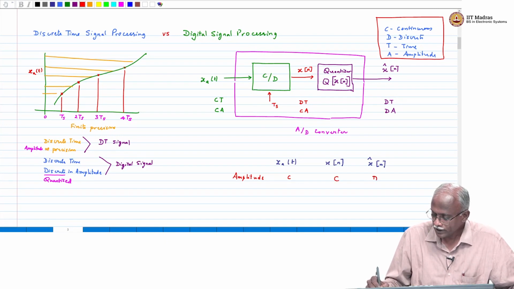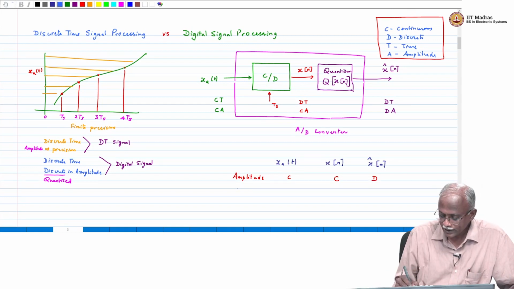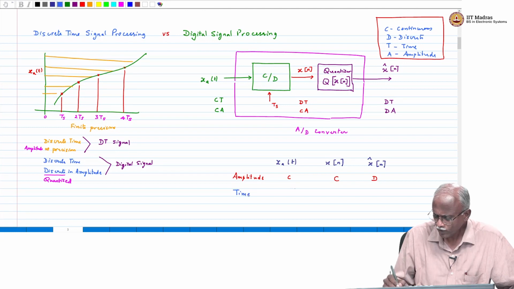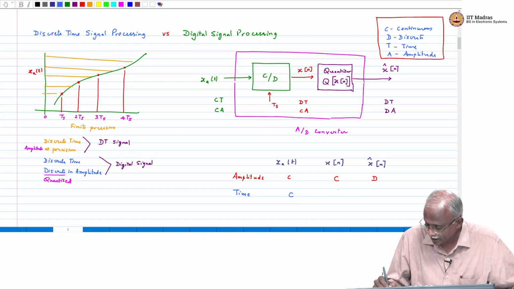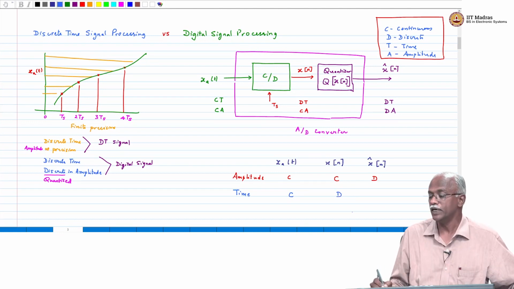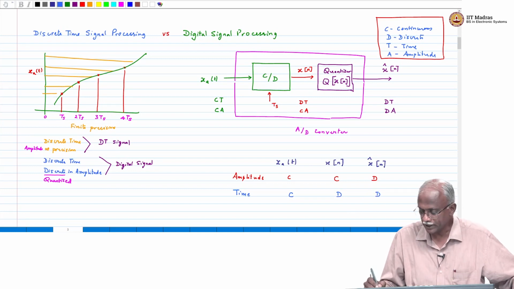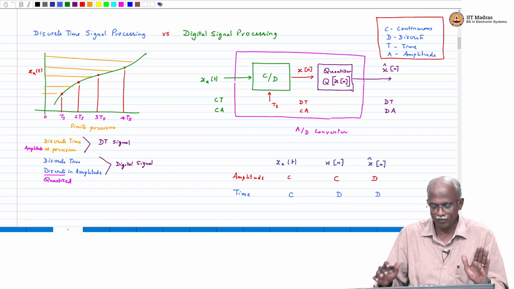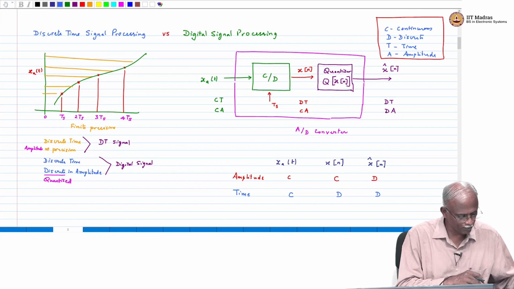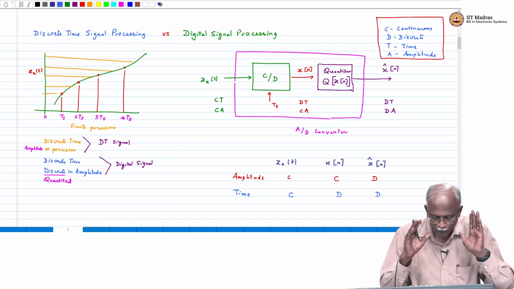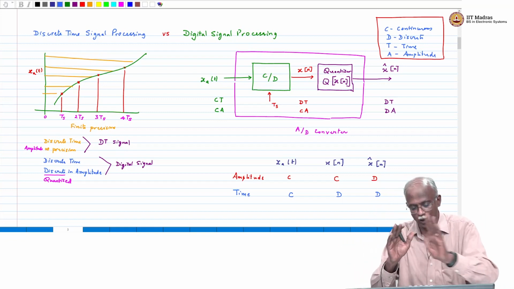The quantized signal is discrete in amplitude. In terms of the time axis, the continuous time signal is continuous in time. The discrete time signal is discrete in the time axis, and of course x hat of n is discrete here as well. You can remember this in the form of a table, which will be helpful for you to keep in mind. So when do we call a signal a discrete time signal? When do we call it a digital signal? I hope that is clear.